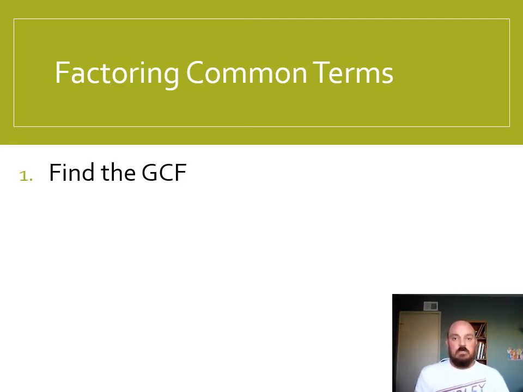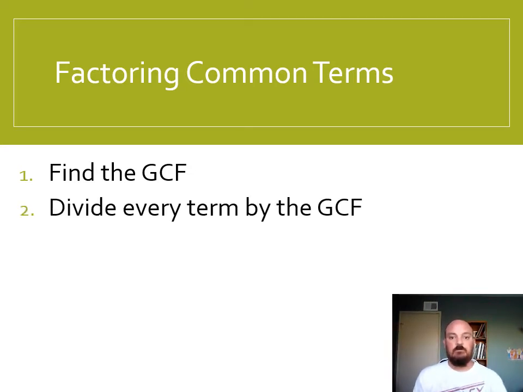So here are the steps. Step 1, if you want to factor out common terms, you need to decide what to factor out. So you look at the polynomial and you find the GCF, or the greatest common factor. If you need a review on how to do that, remember we already did a video on that. Just go back and watch the last video we did. Then you take your polynomial, you divide. Remember, when we're doing distributive property, we multiply to put a number into the parentheses.